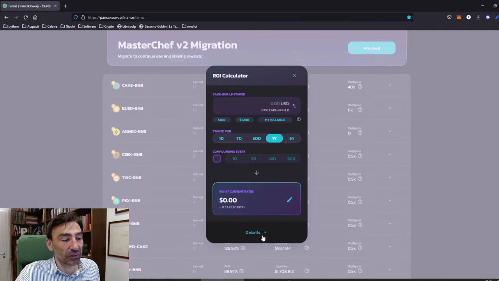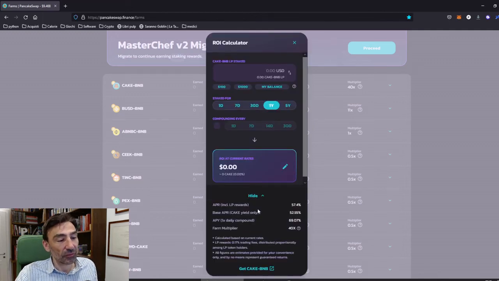Not only will I earn my fees, but I will earn 57% more, or better, my liquidity rewards include the fees. If I put it here, I will earn something more, which is 52%.